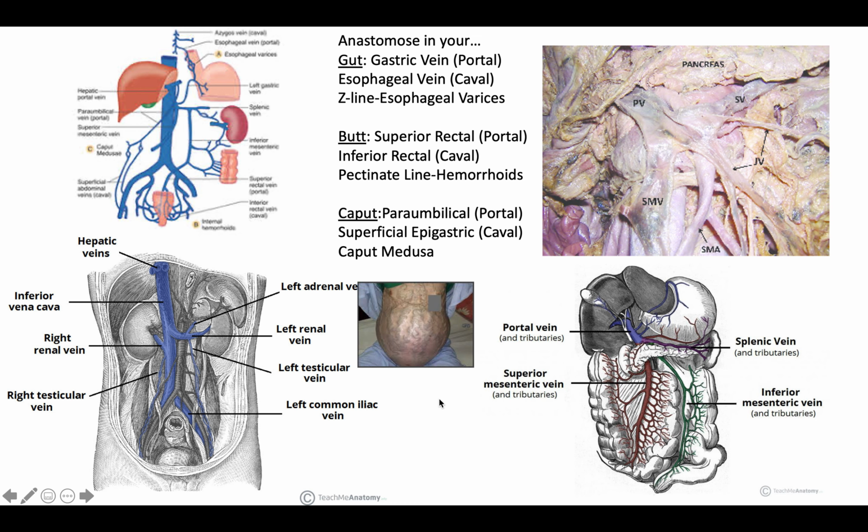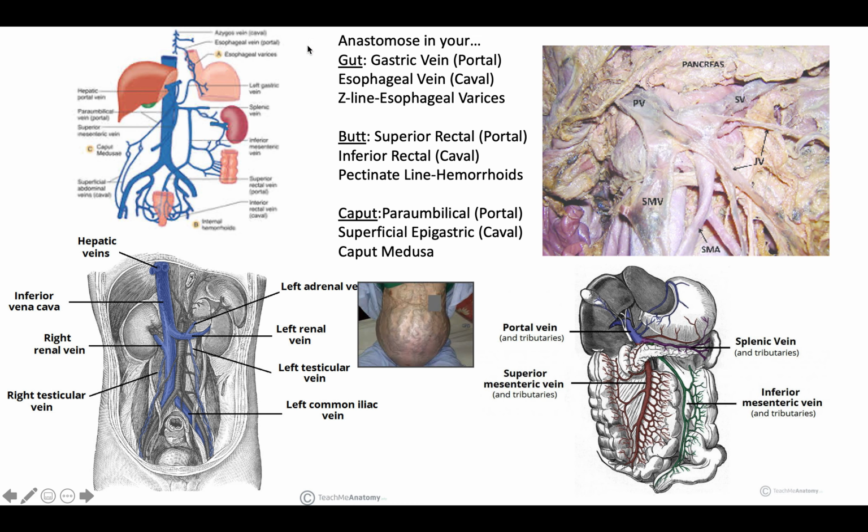The other big thing to know is, you know how I was talking about your different anastomoses with your superior and inferior rectal vein? Well, there's 2 other anastomoses which I failed to mention. It is your gastric vein and your esophageal vein. Your esophageal vein will be coming off of your azygous vein that we studied in thoracic, right? And your gastric vein is the one we had already talked about from the left gastric artery on the lesser curvature of the stomach.